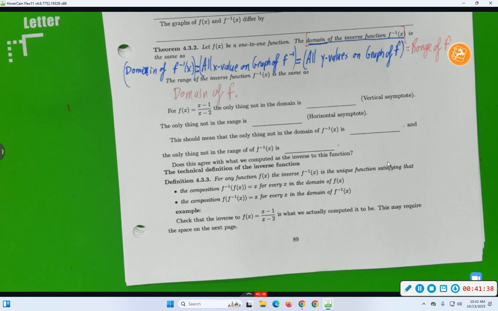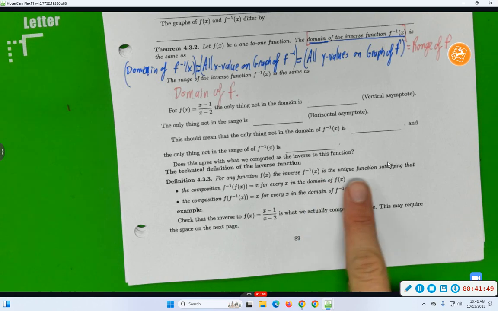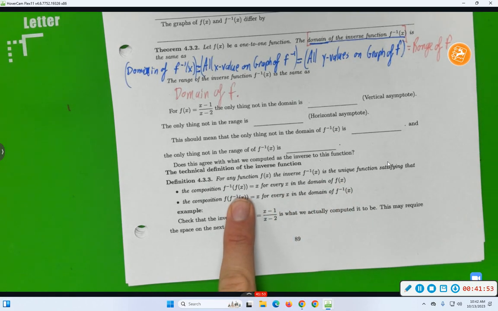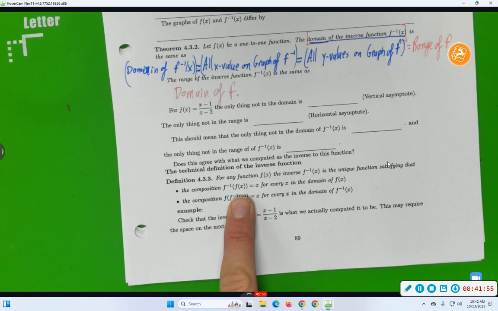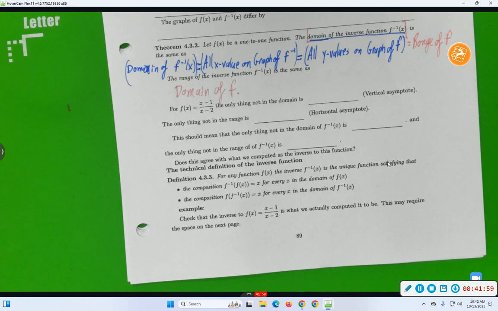The inverse function is the function that undoes the original function and is undone by it. So for any function f, the inverse is the unique function satisfying these two conditions: f inverse of f of x is always equal to x, and f of f inverse of x is always equal to x. So really the definition of the inverse function is that some compositions simplify down to just x.